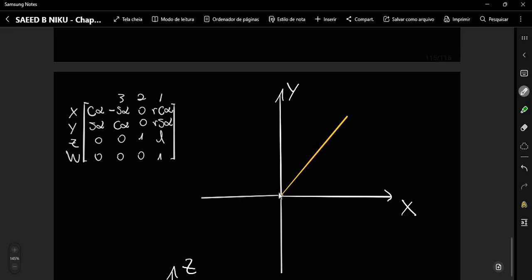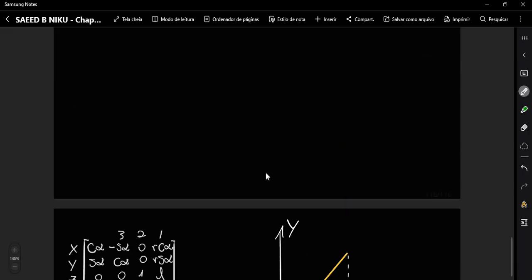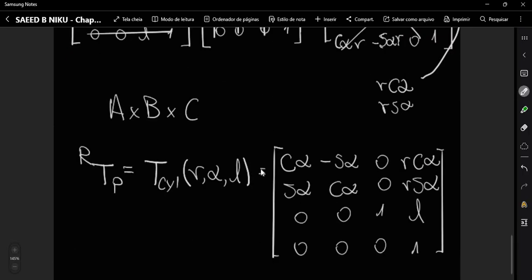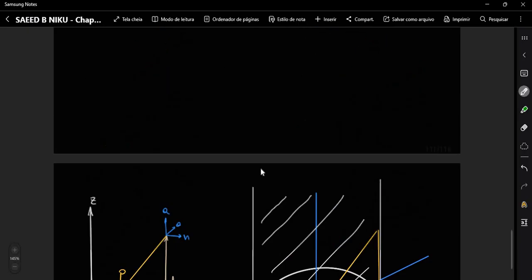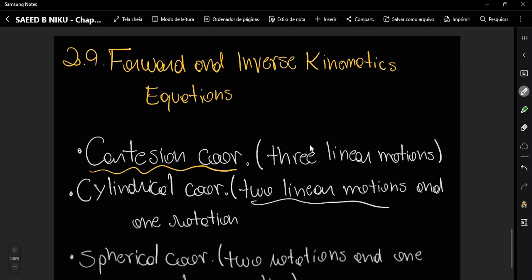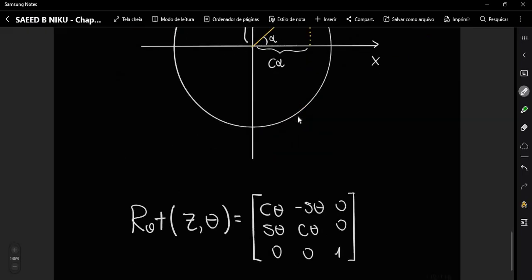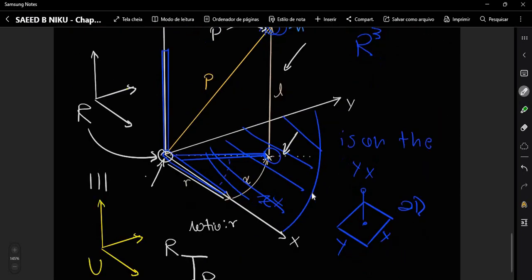So is R, which is from ratio, and let's say is still this point, R cosine of alpha, but we will not write alpha right now because alpha is on the xy plane.